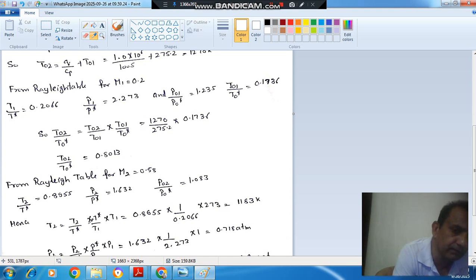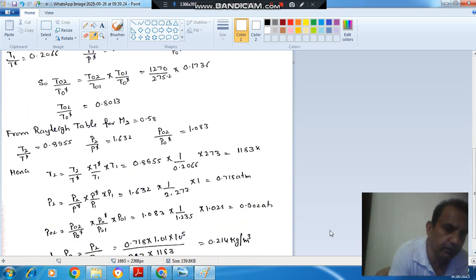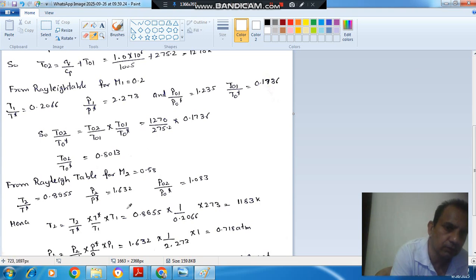If we know T1 and we know these ratios from the Rayleigh table, we can find out T2. Similarly, P2 is P2 by P star into P star by P1 into P1, and these values are known. So P2 by P star is this value corresponding to 0.58, and P1 by P star is 2.278, and P1 value is also given, that is 1 atmosphere.